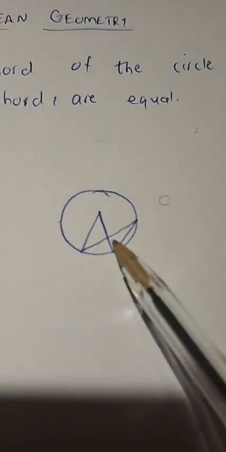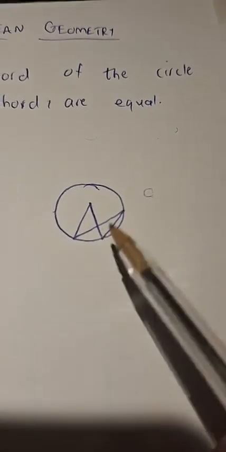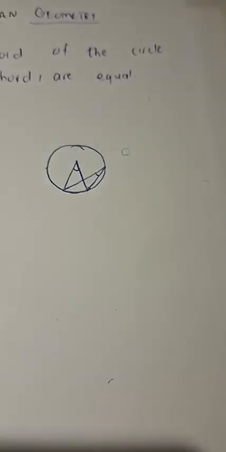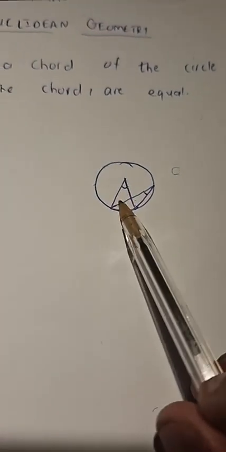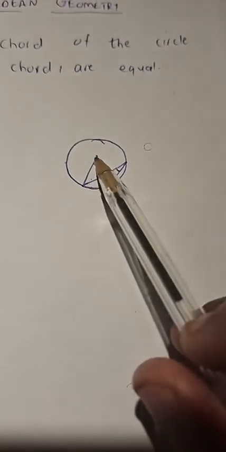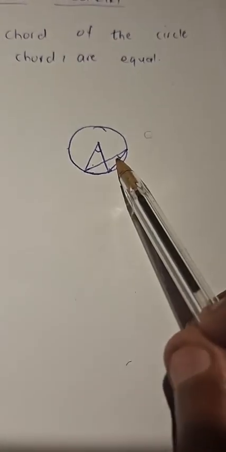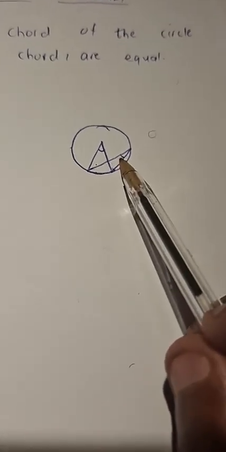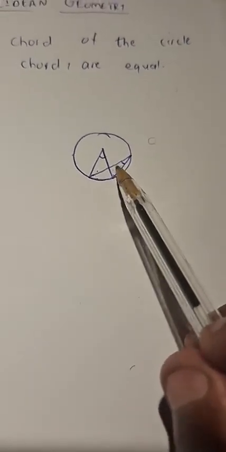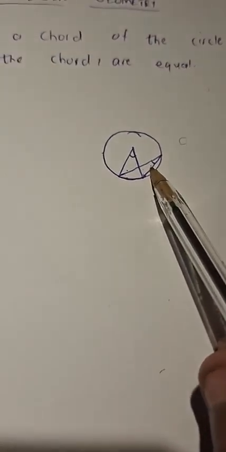Whereas this one, for our grade 11 syllabus, there's an arc, all right? It is subtending an angle at the center. The arc is subtending an angle at the circumference. For this bow tie, we know that the angle at the center is twice the angle at the circumference, all right? So that's very important, okay?